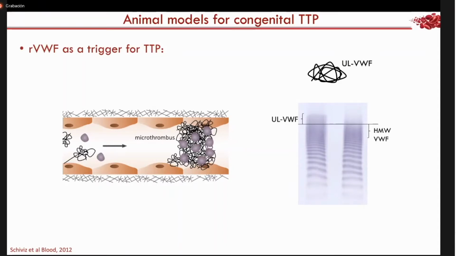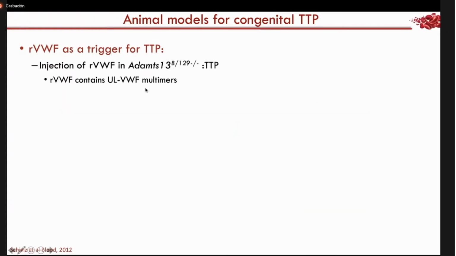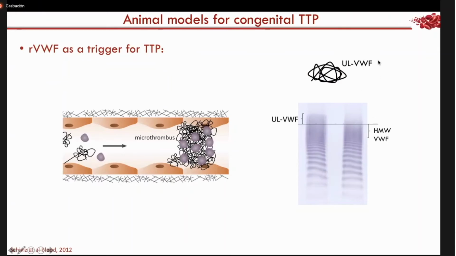And that team reasoned, what if we would inject extra recombinant VWF that contains ultra-large VWF? They knew that extra ultra-large VWF will probably spontaneously bind platelets and induce microthrombus formation, which would then again lead to the signs and symptoms of TTP.